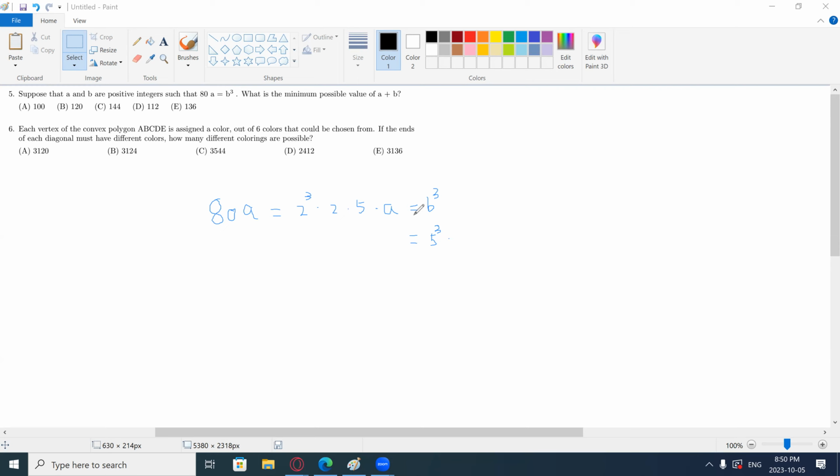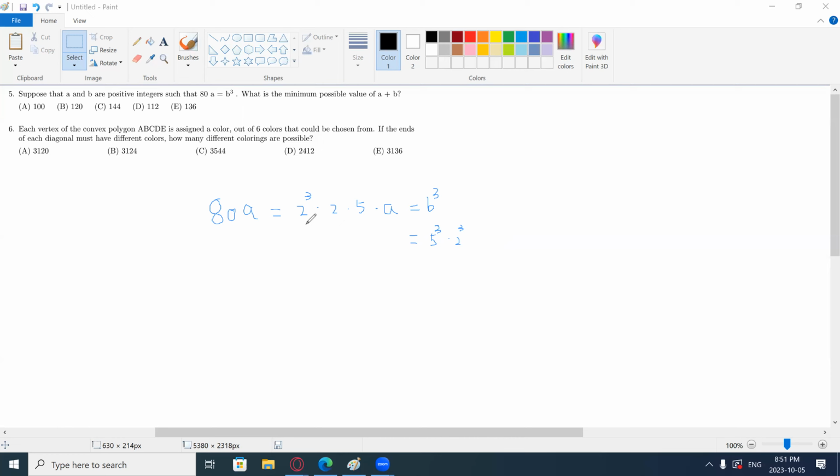And we know that b had to have a factor of 4, because if you only have one factor of 2 or 0 factors of 2, then you will end up with 3 factors of 2 or less.